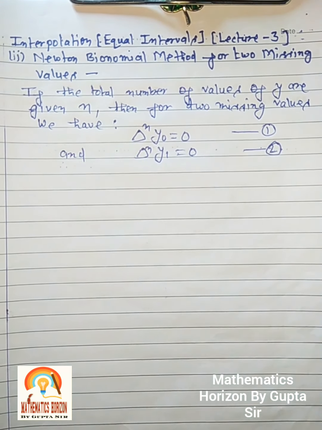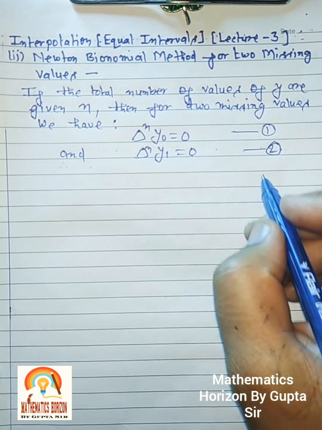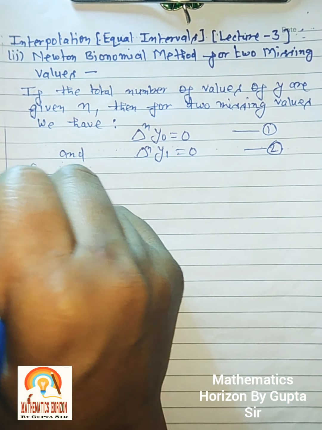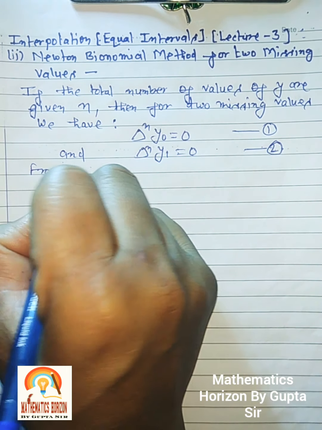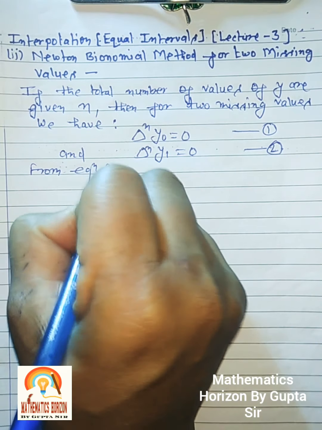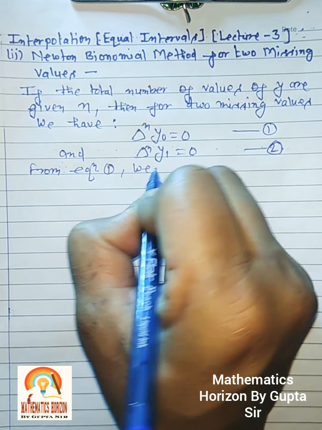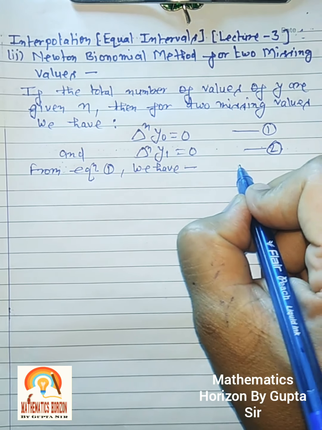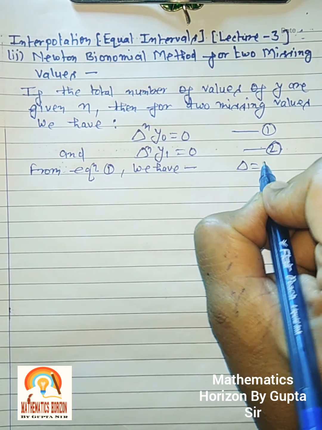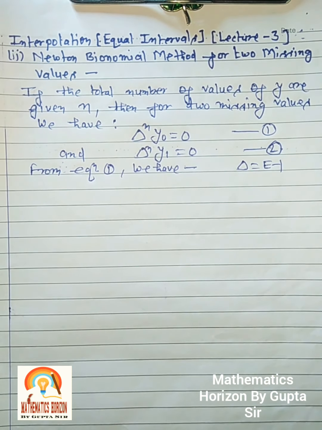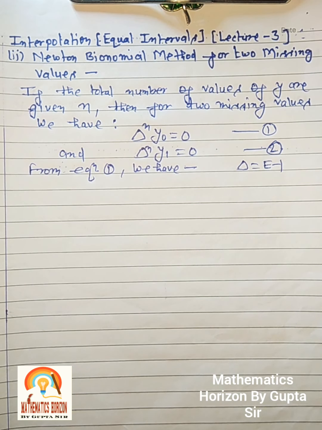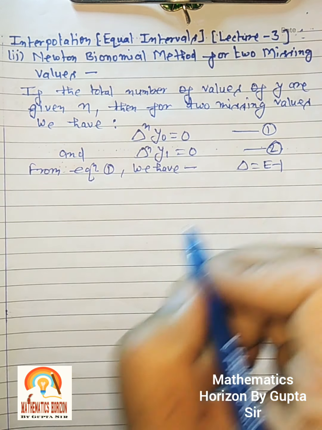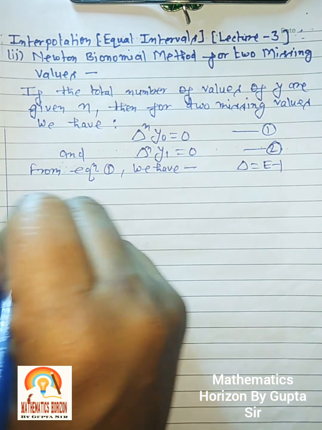Now from equation 1 we have, and also we know that there is a relation between the forward difference and shift operator: del is equal to e minus 1.